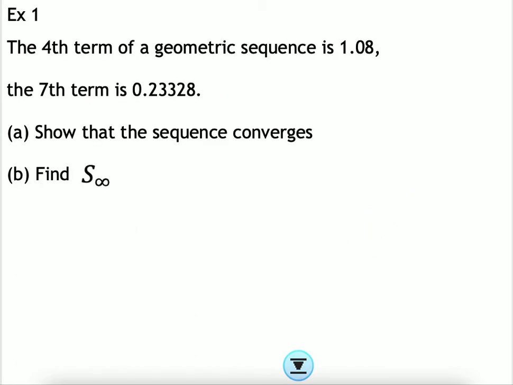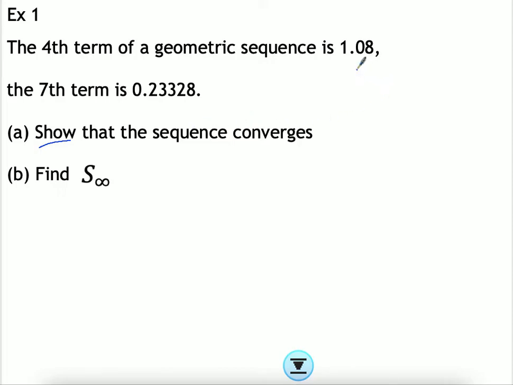So here we have an example. The fourth term of a geometric sequence is this, and the seventh term is this. Show that the sequence converges. That is in essence asking us to show that r is between -1 and 1.